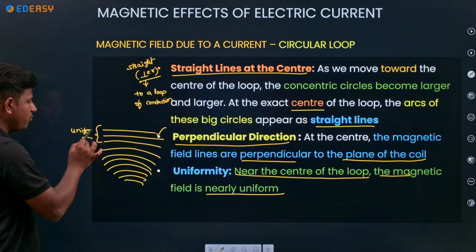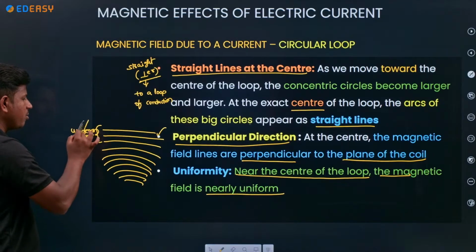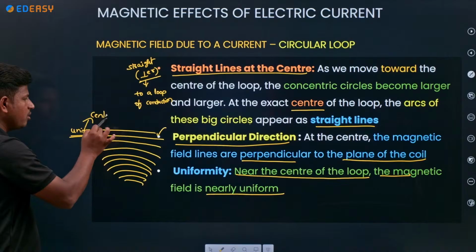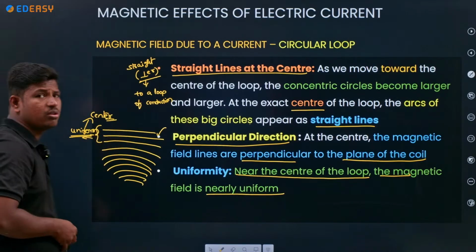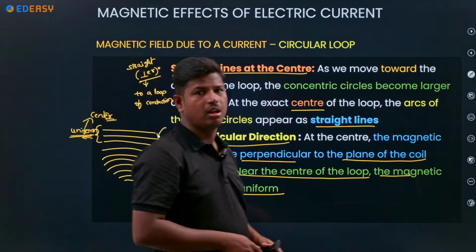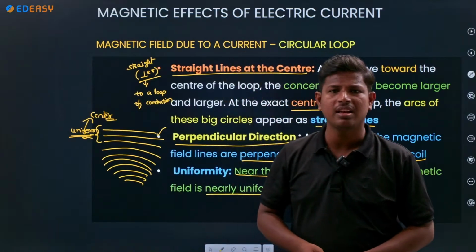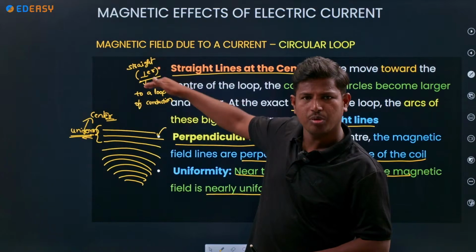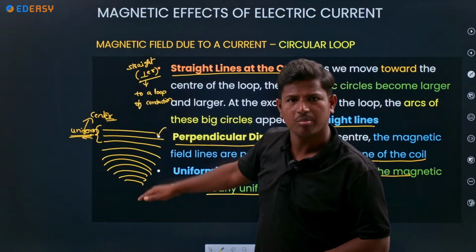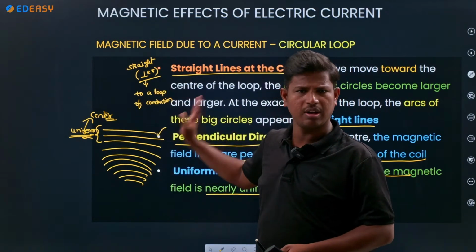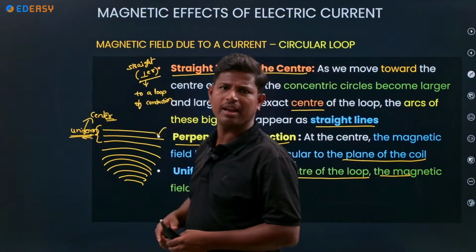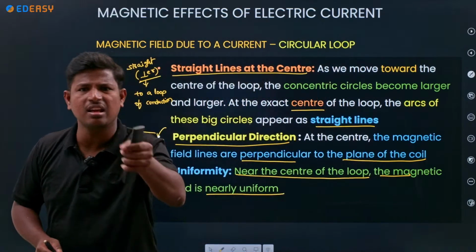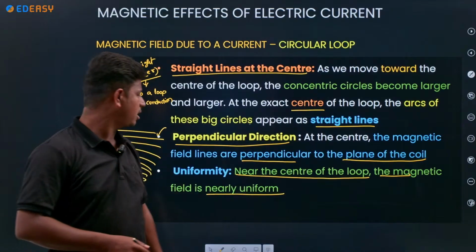Where will it be uniform? Remember, where the magnetic field lines are uniform? At the center. At the center, the magnetic field lines are uniform, whether from bottom to middle or top to middle, the magnetic field lines are straight at the center of the coil.